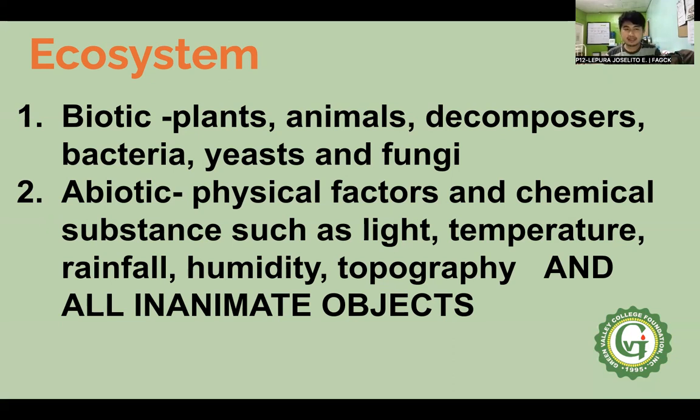Now, abiotic means not or no. No life, because bio is life. The abiotic part of the ecosystem consists of the physical factors and chemical substances such as light, temperature, rainfall, humidity, topography, and all inanimate objects.